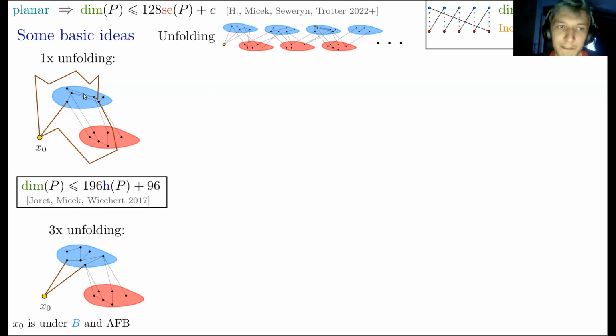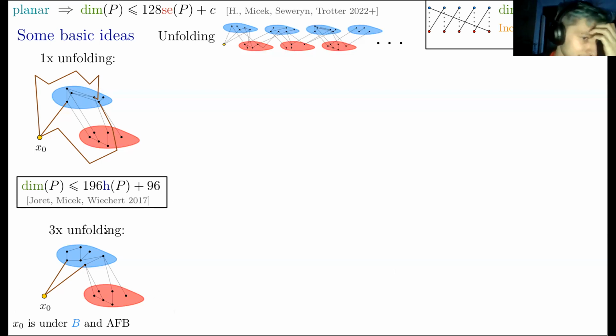From accessibility from below of this blue part to having a unique minimal element, there is some work to be done, and most of this 128 comes from this reduction. Also, we can assume that x naught is itself accessible from below. From x naught I can go with a zigzag path to some outer face, and this wasn't here before. This is some new part.